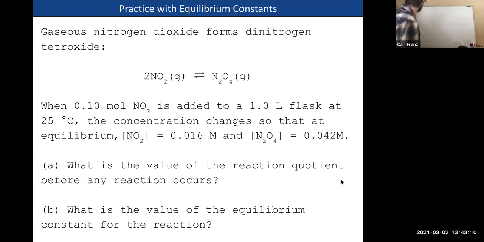So for A, it's saying, what is the value before any reaction occurs? Okay, so we're going to say QC is equal to products. That's going to be the concentration of dinitrogen tetroxide over nitrogen dioxide, and the coefficient there is 2.